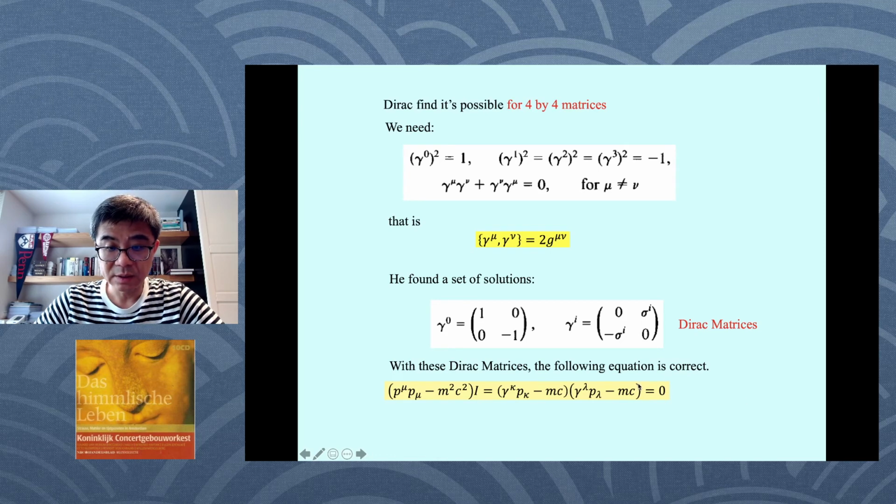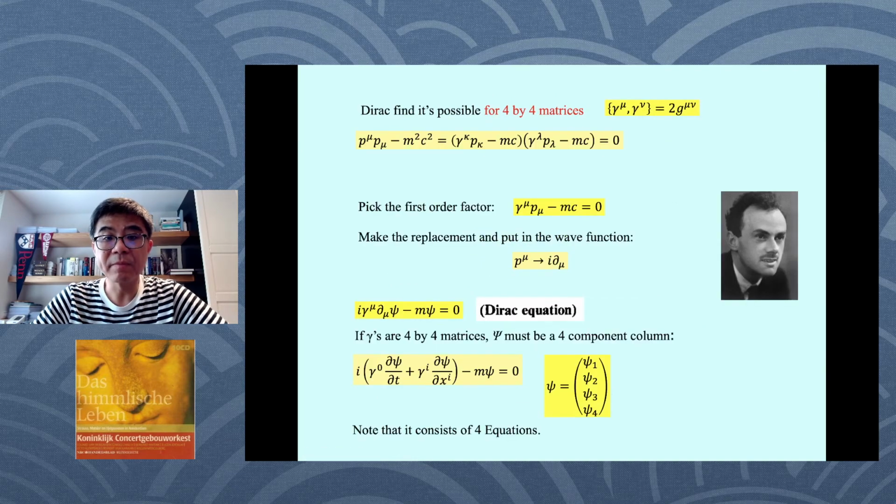Okay, and if p mu p mu minus m squared equals 0, that's the energy momentum relation, then it will imply one of the factors must also equal 0.